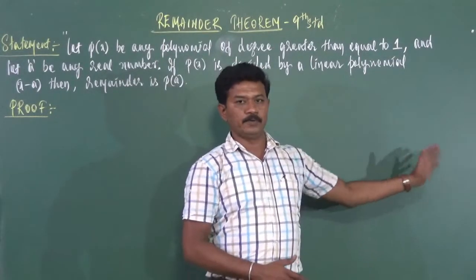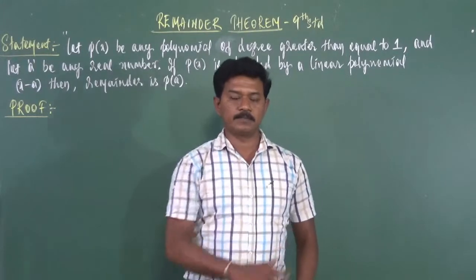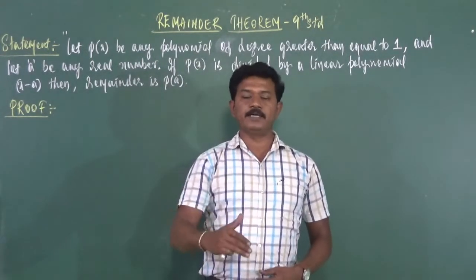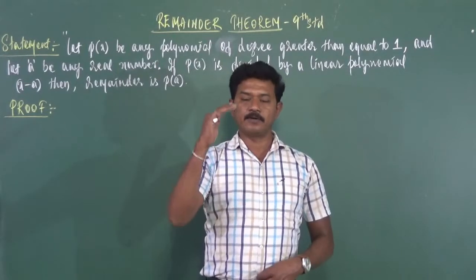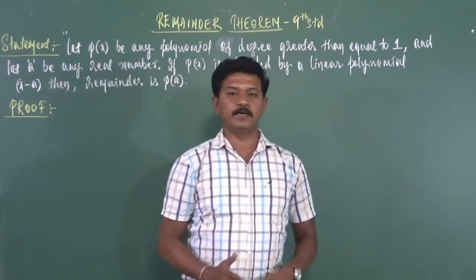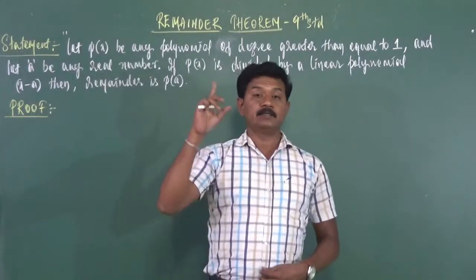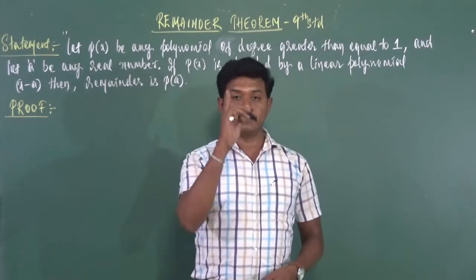That's what I showed you in the last step. Without doing the long division method, directly we can find the remainder when a polynomial p of x is divided by a linear polynomial. Compulsorily, the divisor should be a linear polynomial.